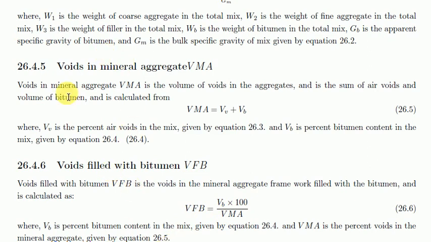At last you have to check these values, because VMA is the total volume of void within the mass of the compacted aggregate. If VMA is too small, the mix may suffer durability problems, and if the VMA value is too high, then the mix may show stability problems and it will be uneconomical to produce.